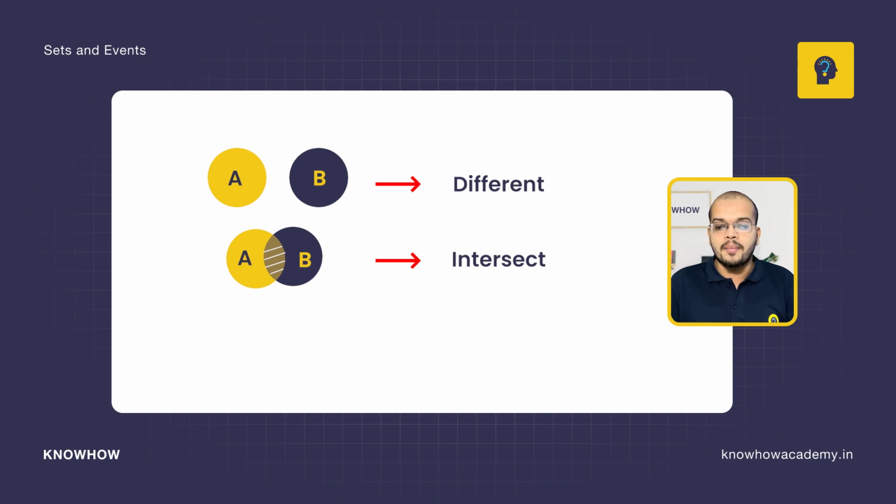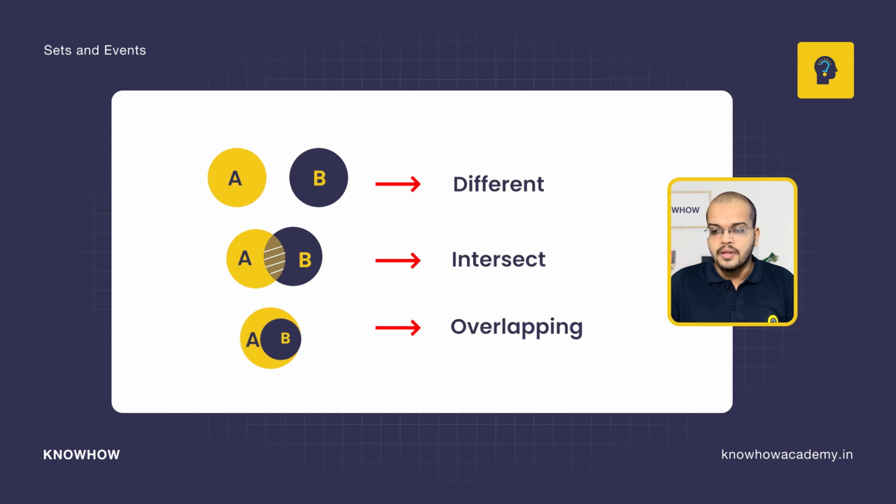Now, what happens if I write like this? Set A is getting overlapped with set B. This is called overlapping. What is meant by overlapping? An event can occur only if the other one does.